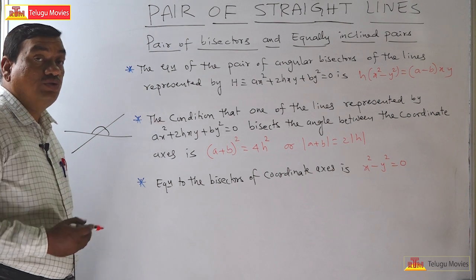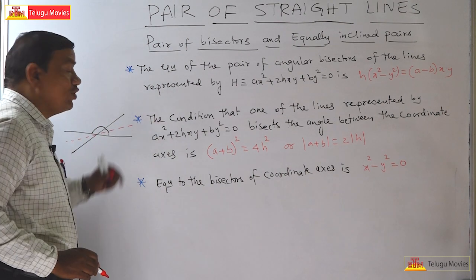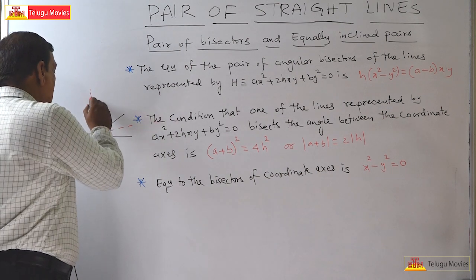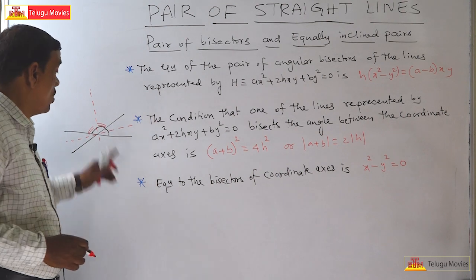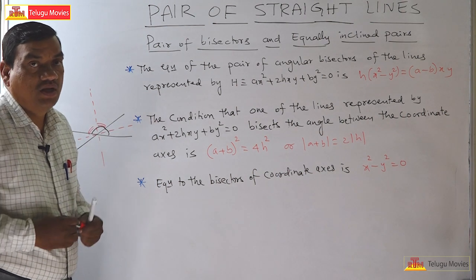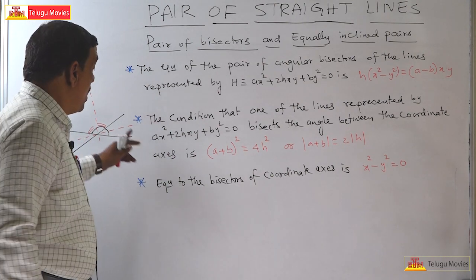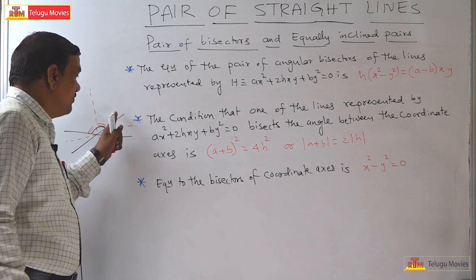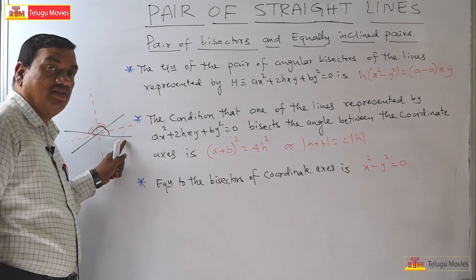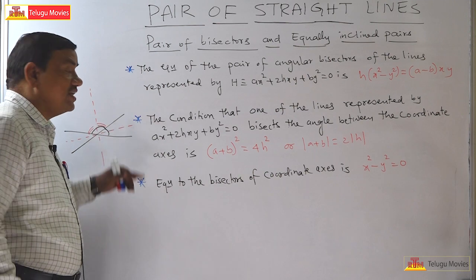The line which divides the acute angle into two equal parts is called the acute angle bisector, and the line which divides the obtuse angle into two equal parts is called the obtuse angle bisector. In the straight lines chapter we learned how to find their separate equations. Here, one combined equation is given, and we know how to find their separate equations.